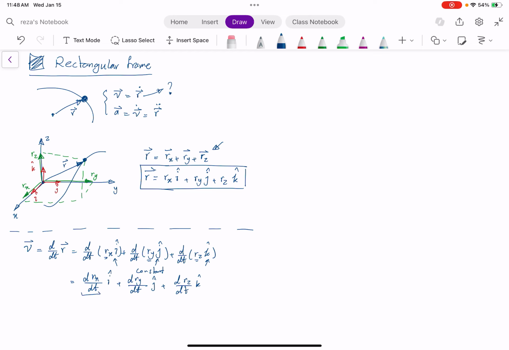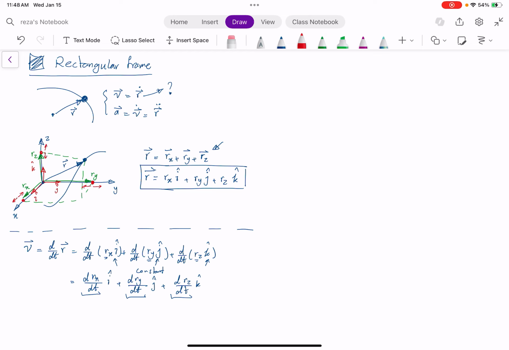And let's see what each of these are. If you look at the projection of the vector r along any of these axes, I have three dots that go back and forth along these axes.